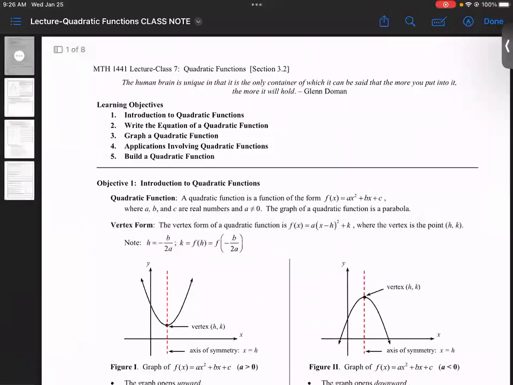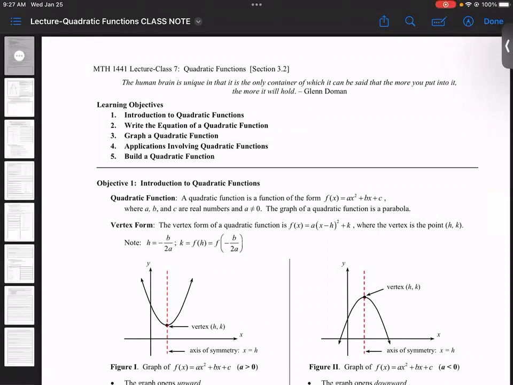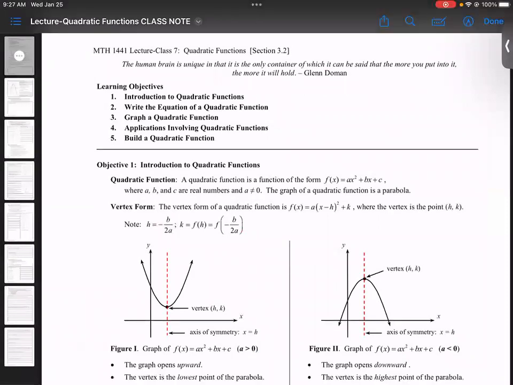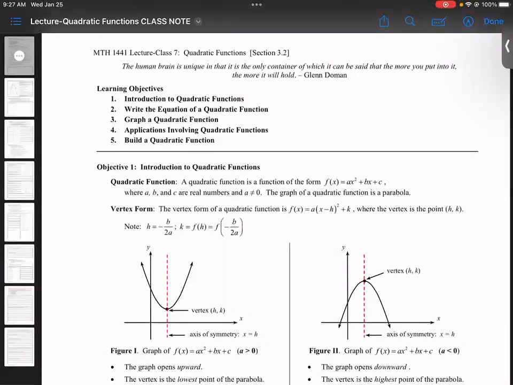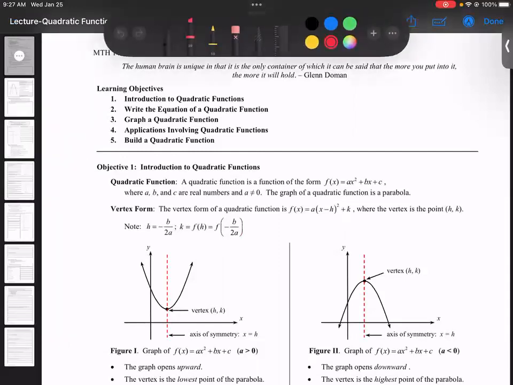Okay, let me recap. So far we did linear equations, we did absolute value equations, now quadratic. A quadratic function is a function of the form f of x equals ax squared plus bx plus c, where a, b, c are real numbers.